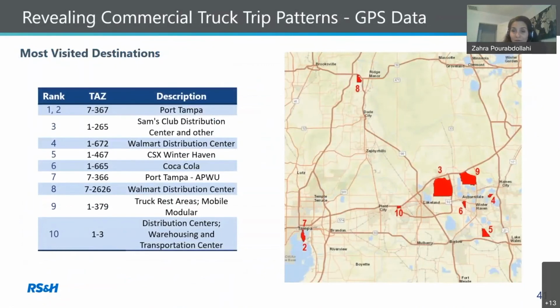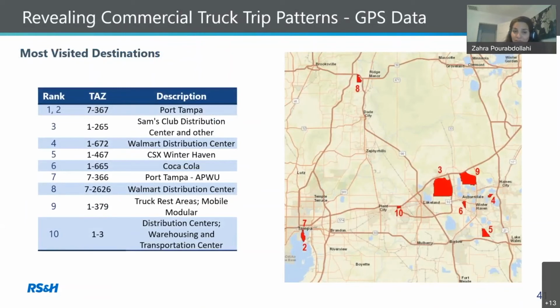And we also looked at the destinations at a higher resolution than TAZ to see what facilities trucks are stopping at. And these are just the top 10 destinations within the region. Of course, Port Tampa was ranked #1 and #2, different parts of the port.